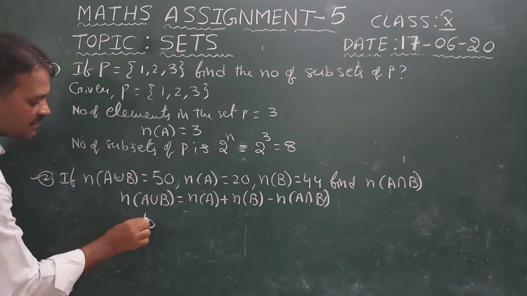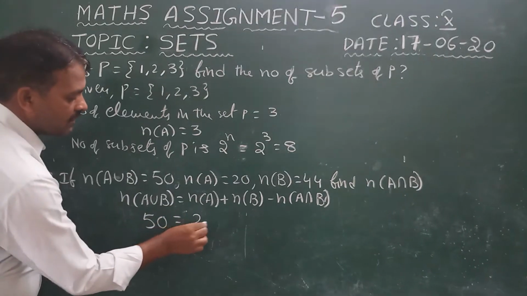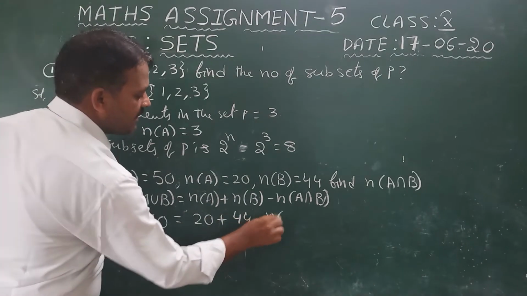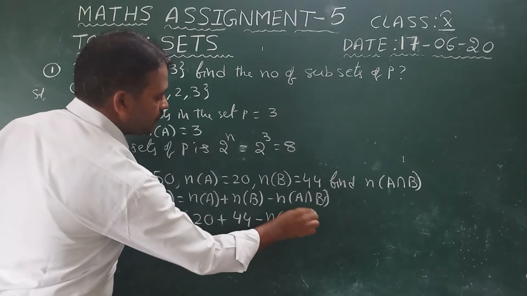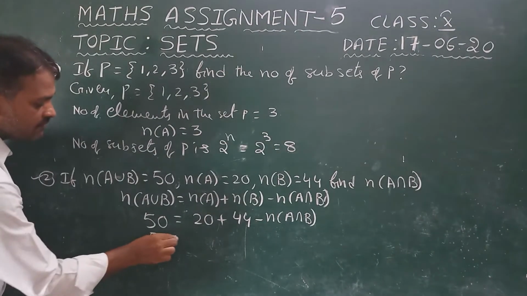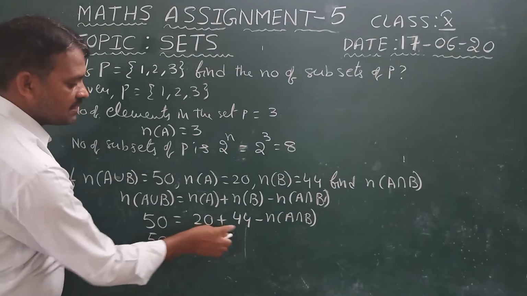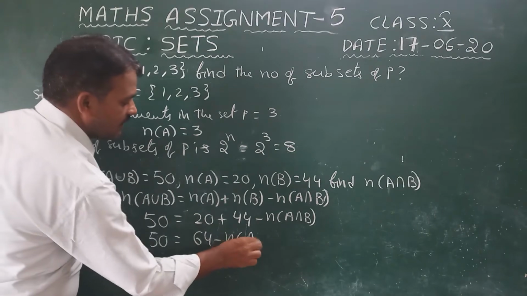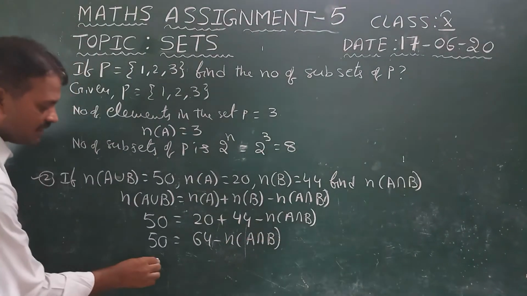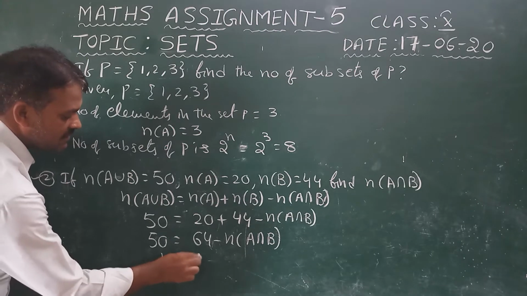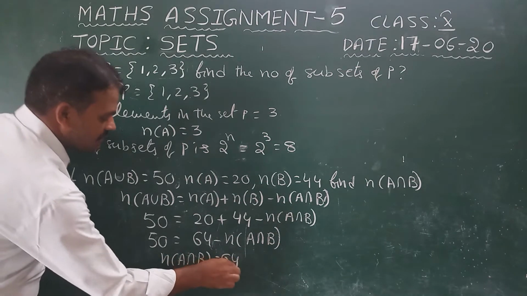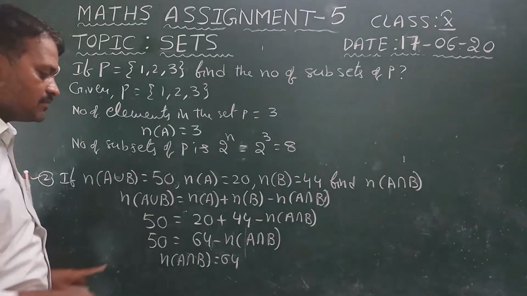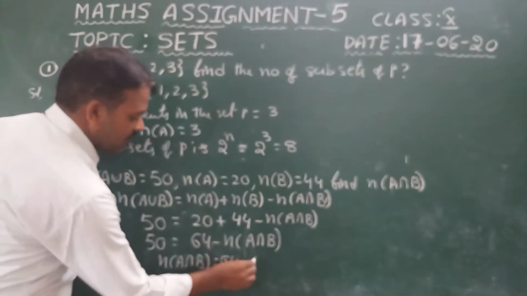n of A union B is 50, equal to n of A, which is 20, plus n of B, which is 44, minus n of A intersection B. So 50 equals 44 plus 20, which is 64, minus n of A intersection B. Then n of A intersection B is equal to 64, moving 50 to the other side, minus 50.